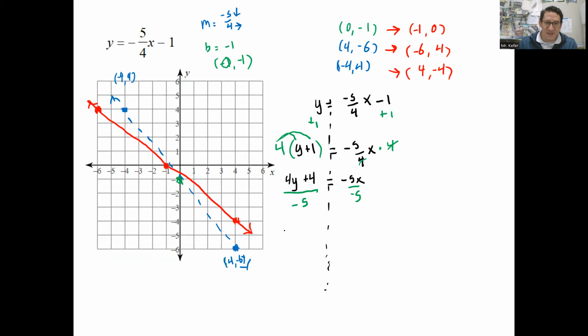And we can leave this as this. So 4y plus 4 all over negative 5 is equal to x. Last step is you switch your x and y. I'm going to write it with the y on the left side. So it's going to be y is equal to 4x plus 4 all over negative 5. And that will do it.